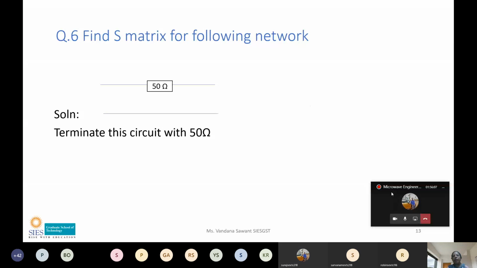Next, once you calculated the Zin, calculate the S11. Ma'am, S11 is 1/3 ohm. Yes, it's not ohm because it is the ratio of impedance, so no unit for that. Okay, S11 is 1/3.